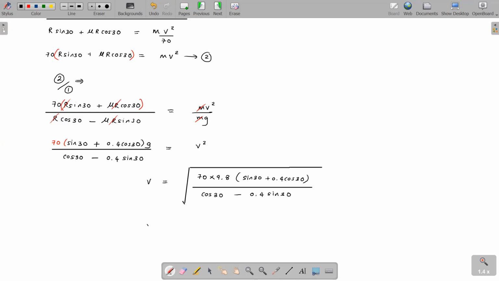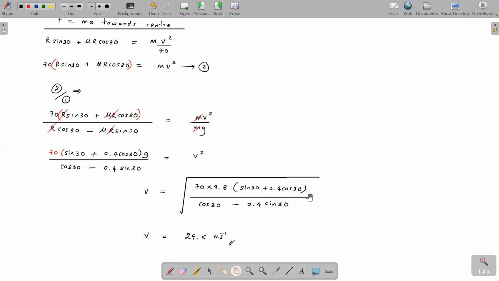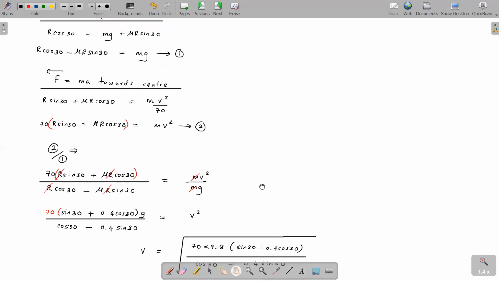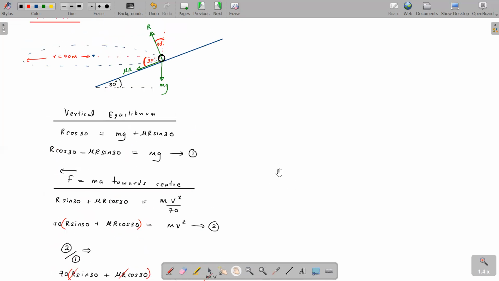Just give the whole thing in the calculator and you'll get the answer. You definitely give it to 3 SF when you use g as 9.8. So the answer, correct to 3 SF, is 29.5 meters per second. This is the maximum speed.